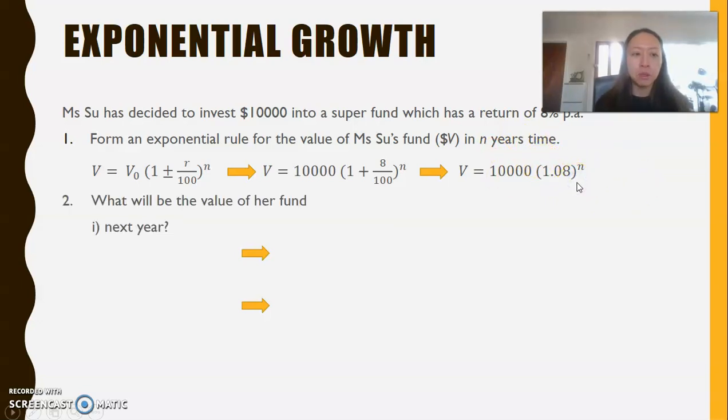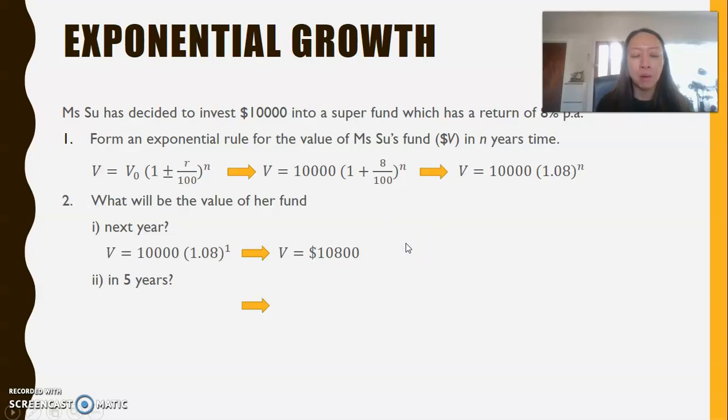For the second question, what will be the value of her fund next year? Next year will be in 1 year's time, so we can use this exponential rule and substitute 1 into n. Therefore, in 1 year's time, the value of the fund will be $10,800.